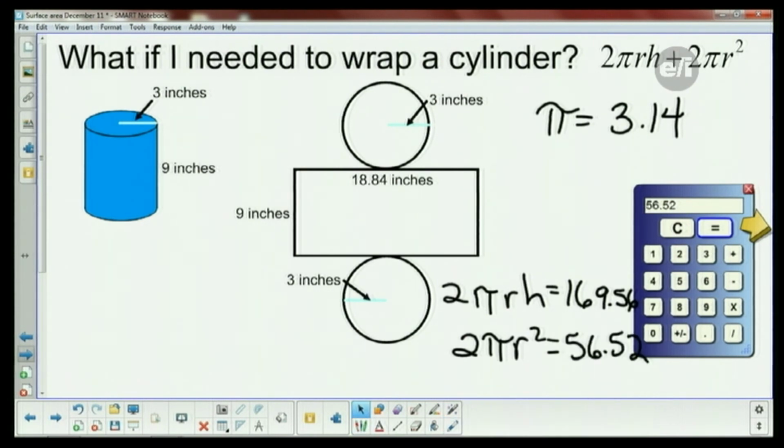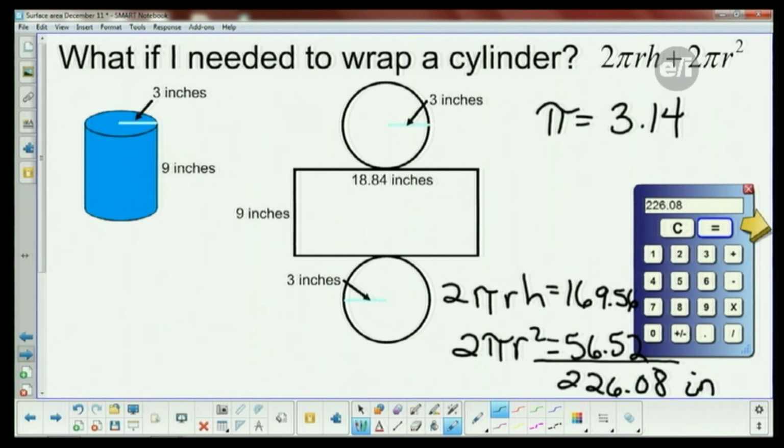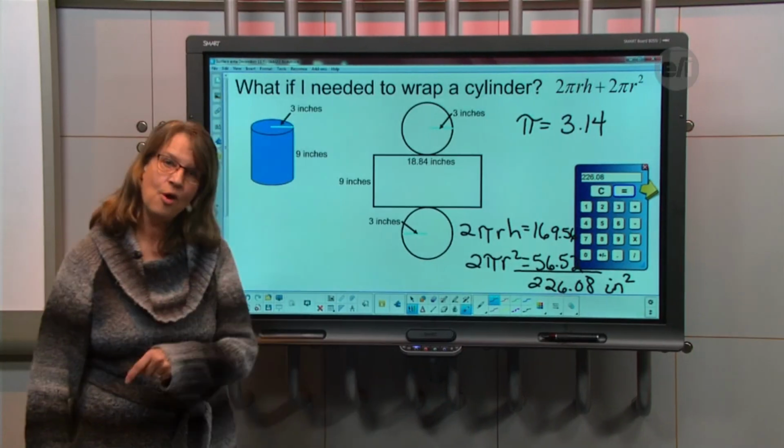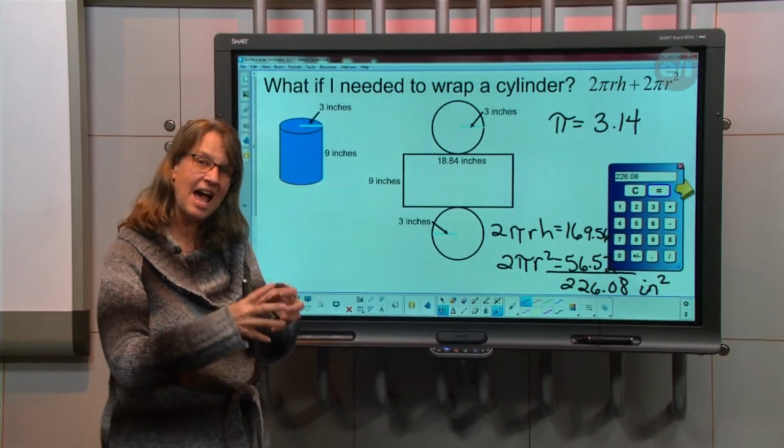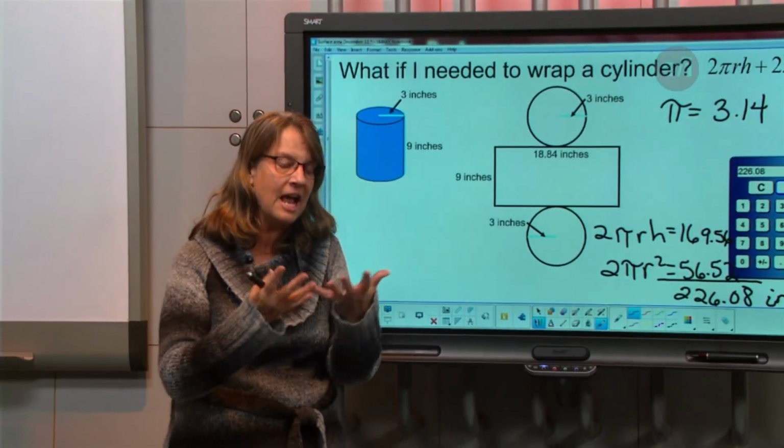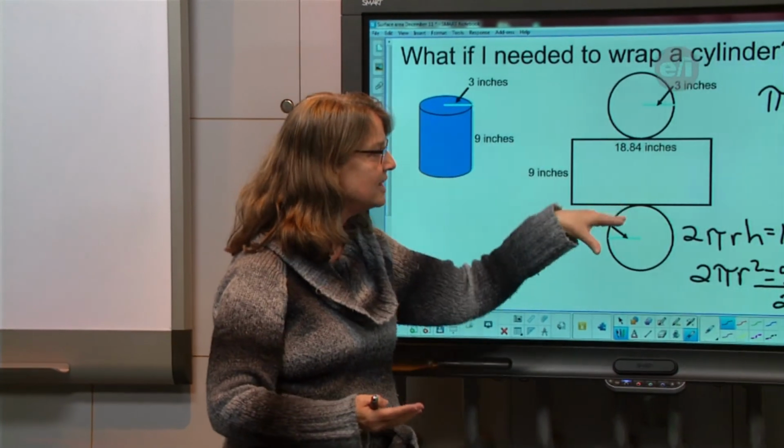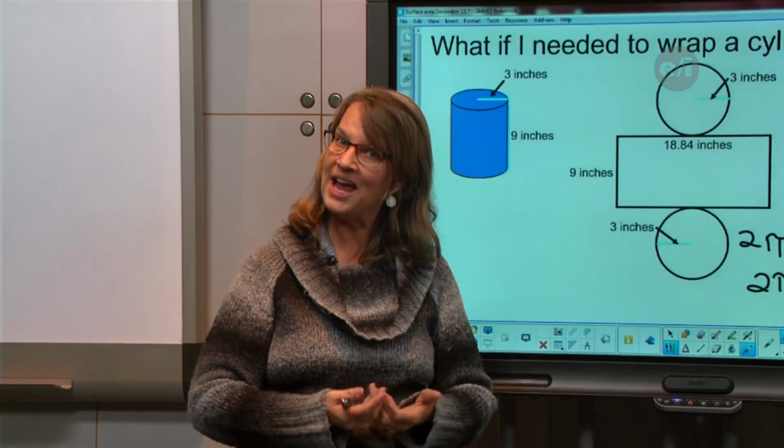If we add that to the other one, 169.56, you get a total of 226.08 inches squared. I hope that helps you understand how all of these different shapes can be flattened down and you can find the area of the different spaces. Okay, I hope it helps.